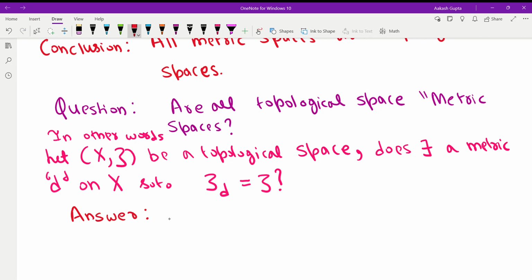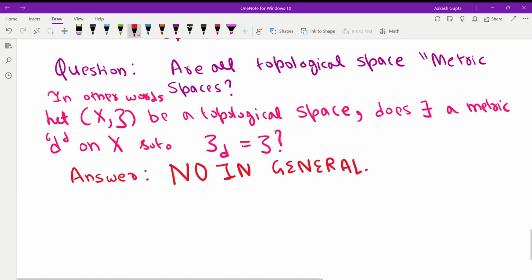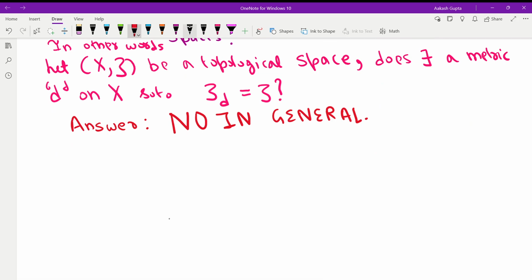Okay. So let me just give you the answer. As you guys might have guessed, that's why I'm giving the answer right now. No, in general. Why? I'm going to follow a very different approach, and we will be doing that in the coming session. But let me just end this section by a definition which we can now define.